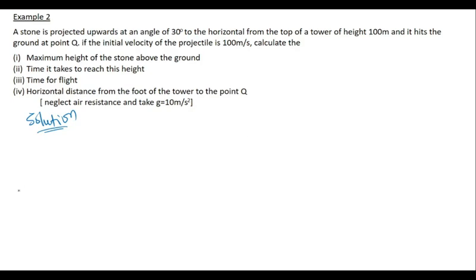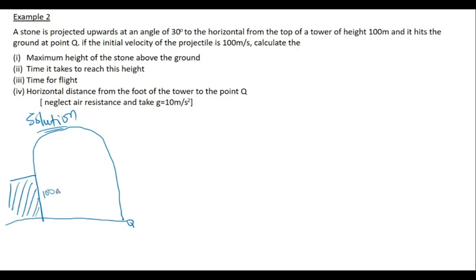If this is our tower, the particle is being projected from the top of the tower and it moves down and hits the ground at a point Q. Don't mind, this is not drawn to scale. So this is our tower. Now they are saying the tower is 100 meters high. So that is the height of the tower.